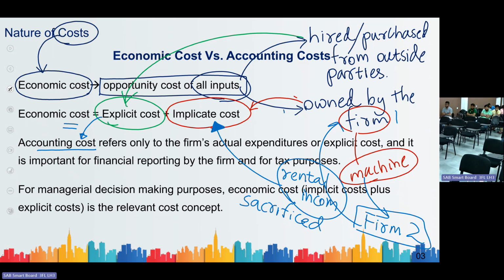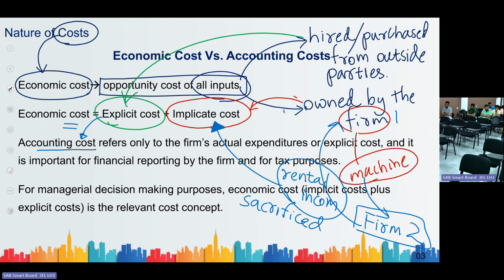But if the firm does not utilize that machine in production, they could rent it out to an outside firm and earn rental income. Because they are using the machine, they have foregone that income. This sacrificed rental income is an implicit cost.